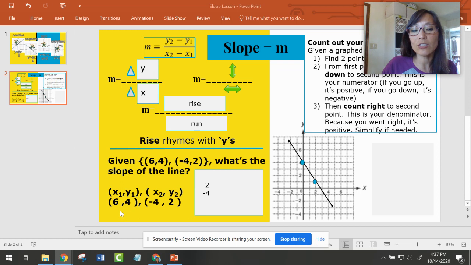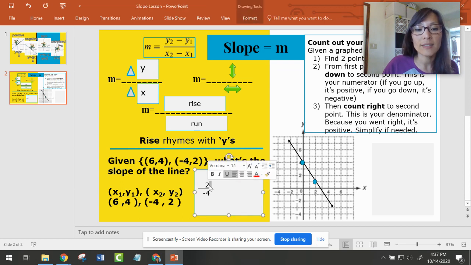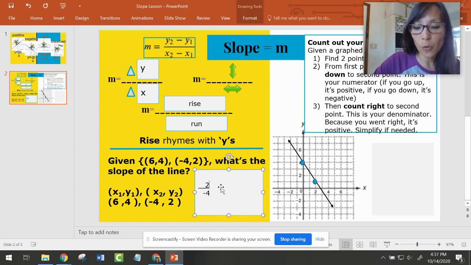So when I have these 2 points, like (6, 4) and (-4, 2), all I have to do is identify my second y, and so that is 2, and I'm going to subtract 4 from that. That's my first y. Then I'm going to take my second x value and subtract my first x value, which is 6.